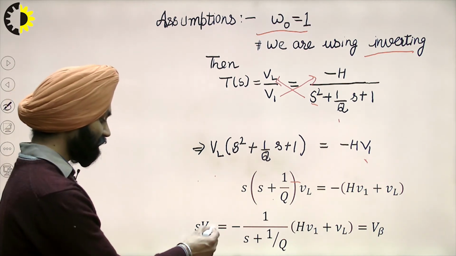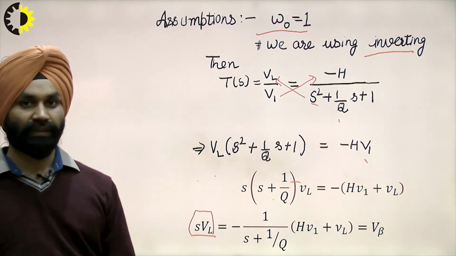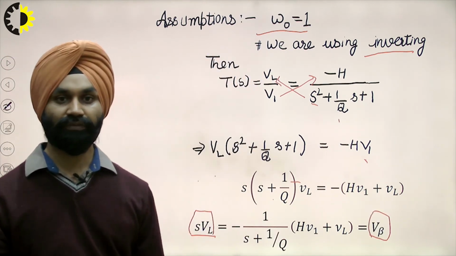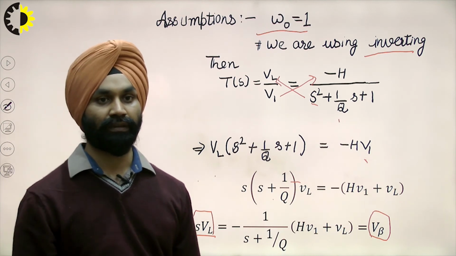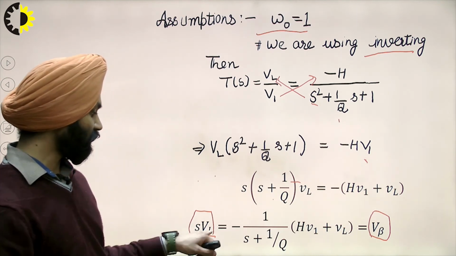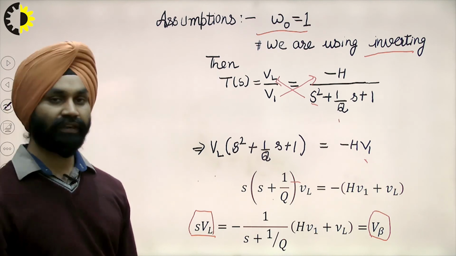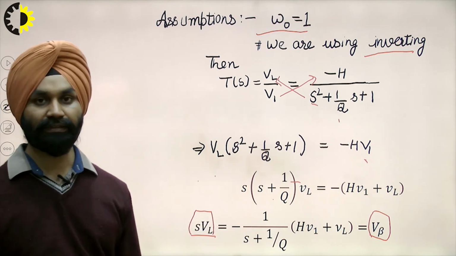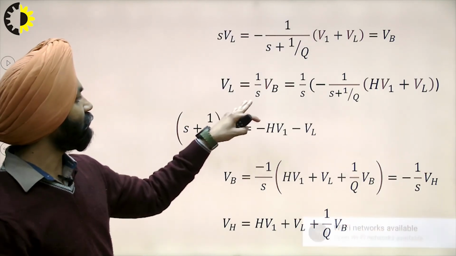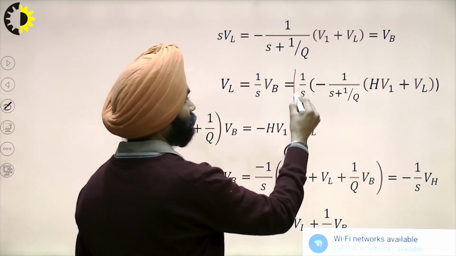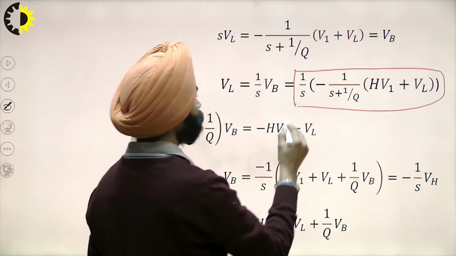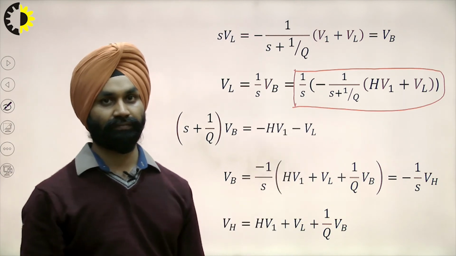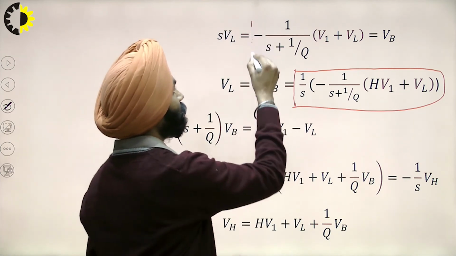This S VL, let us suppose, is VB. Now, see why we are writing VB. This whole equation, multiplied with 1 by S, we can write as VL is equal to 1 by S VB, and we have written that this is VB.